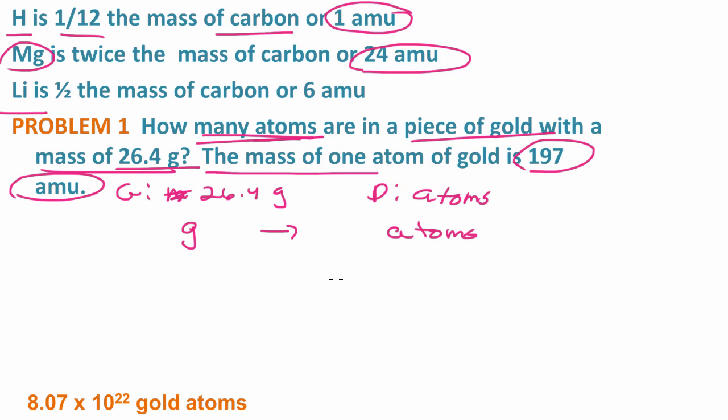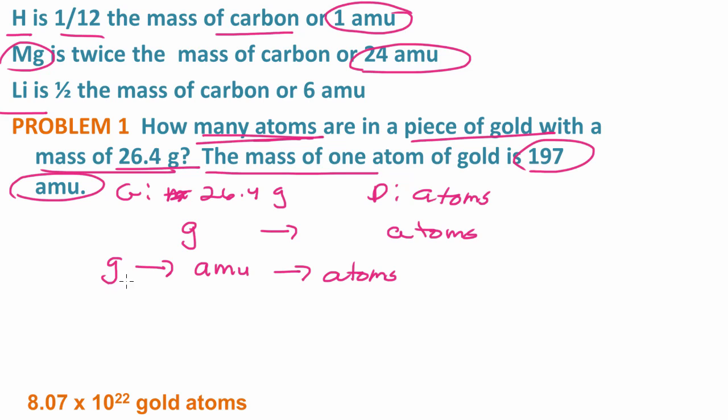Can we do that? Well, we can go from grams to atomic mass units, and then from atomic mass units to the number of atoms. Here I have my roadmap.